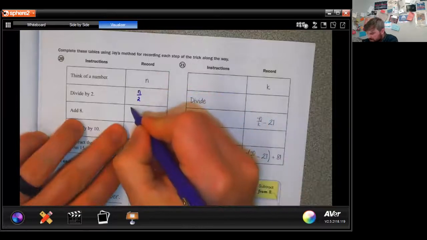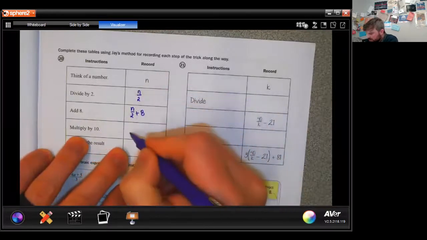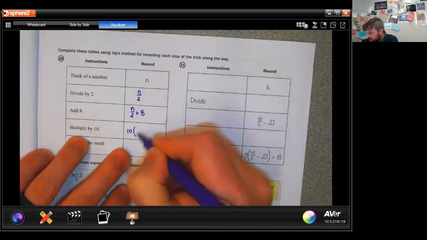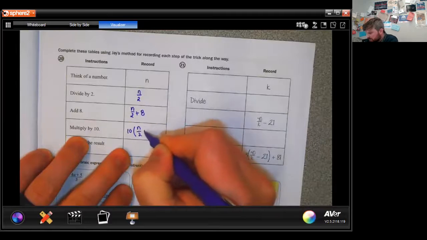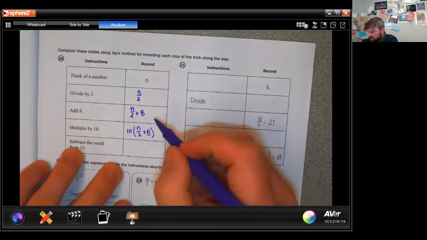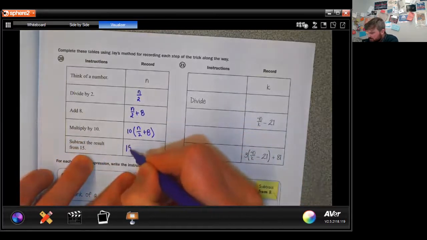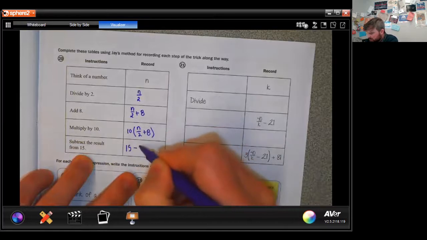So that's n over 2 plus 8. Multiply by 10. So that's 10 times n over 2 plus 8. Make sure we got those parentheses there. Subtract the result from 15. So you have 15 minus that result.